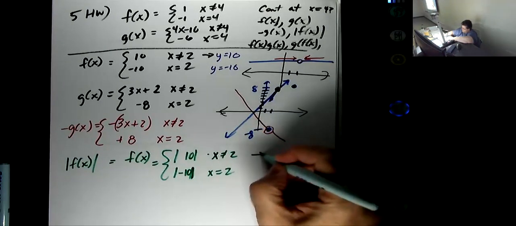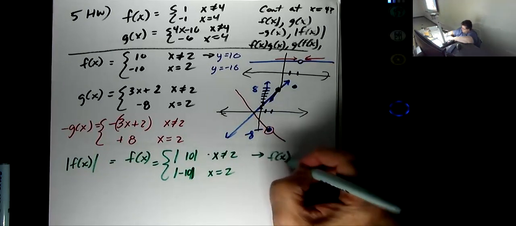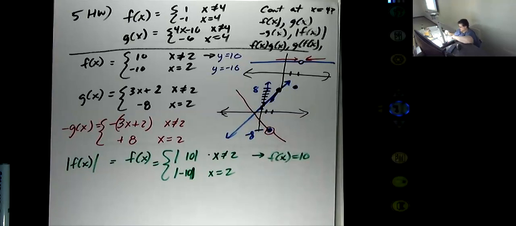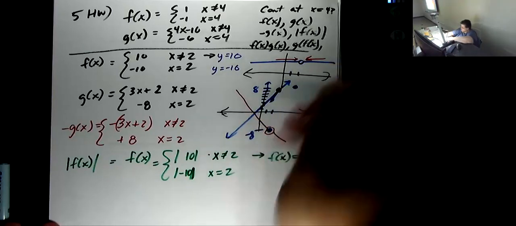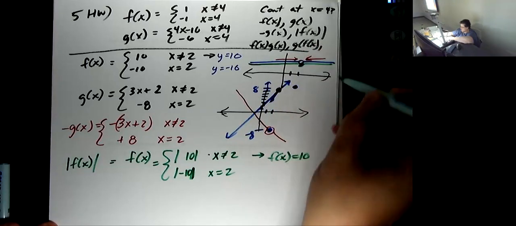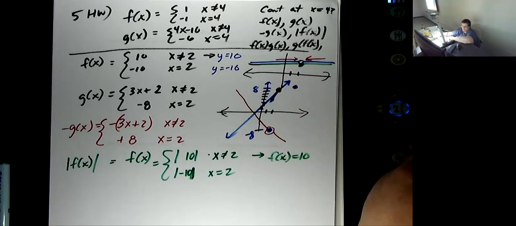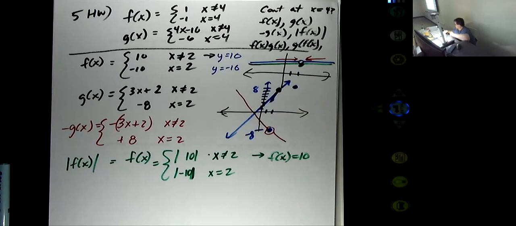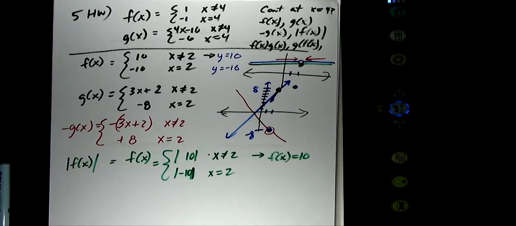These both turn into 10. f of x equals 10, and that's true for x equals 2 and x does not equal 2. That's just making a solid line up here. And so it's continuous for absolute value of f of x. Does that make sense? Yeah, I could see how that's making sense.